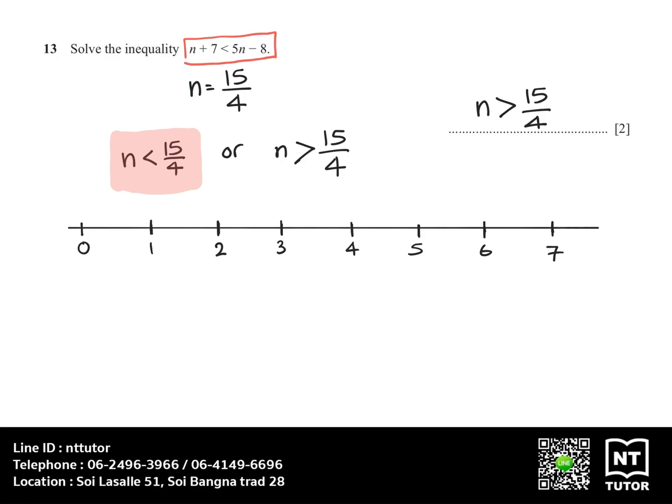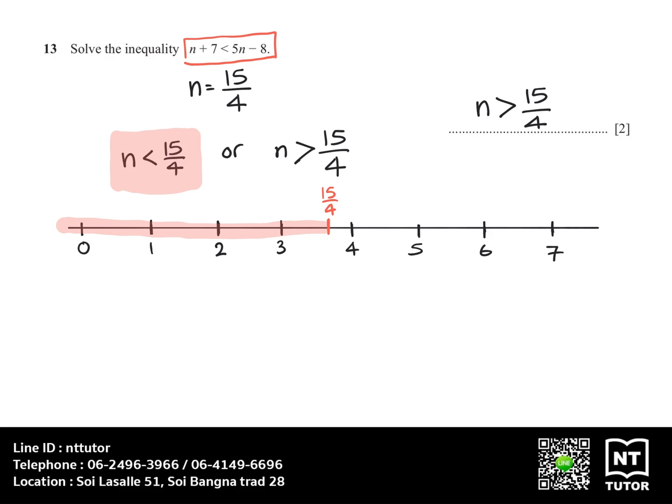So 15 over 4 is somewhere between 3 and 4, right here. If n is really less than 15 over 4, this means that any number less than 15 over 4 on this number line, and so on, up until negative infinity or negative 100 and so on. So anything below 15 over 4 should work.